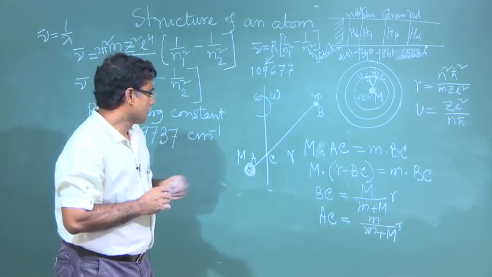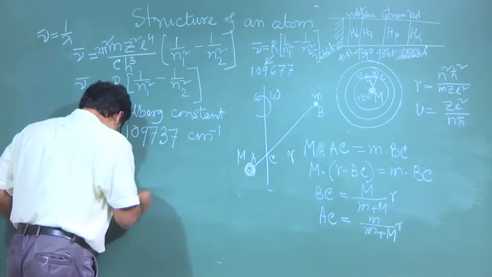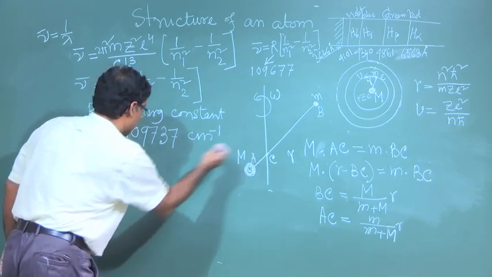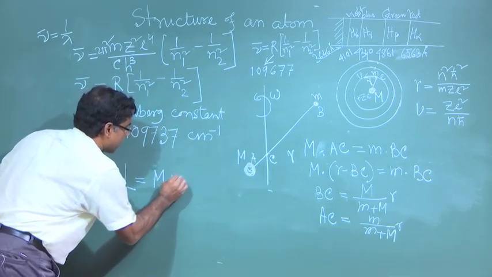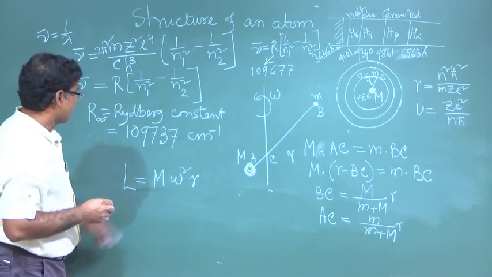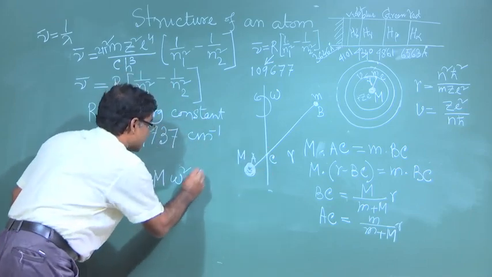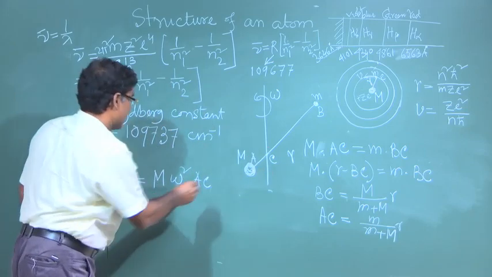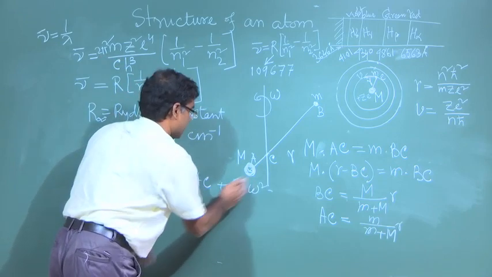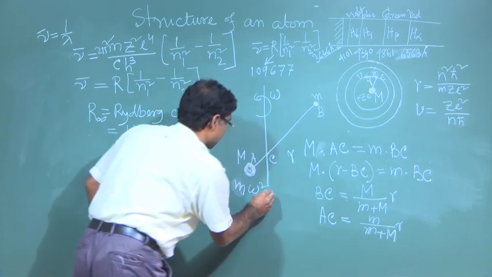Okay. So, the total angular momentum L will be M omega square AC plus small m omega square BC.